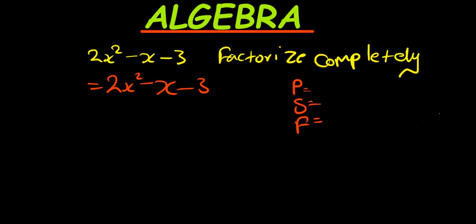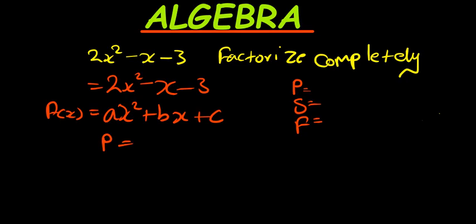The product is found when you multiply a by c, the coefficient of x squared with the constant. Remember, a quadratic equation must be in the form of ax squared plus bx plus c.